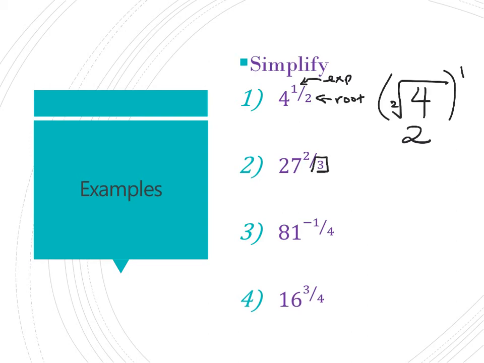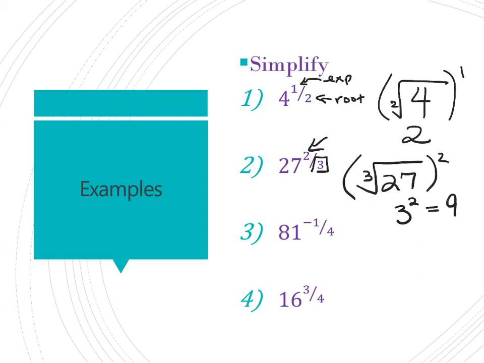This is the root, and this is the exponent. The cubed root of 27 is 3, and then I square it, and I get 9. Good?